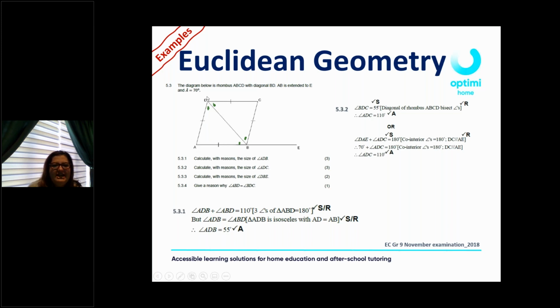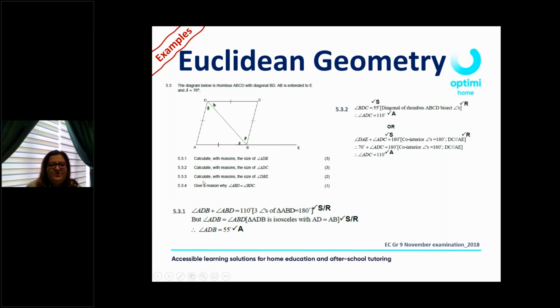So you will say 180 degrees minus the 70 degrees will give you that entire angle over there, which is 110 degrees. Like I've said previously, there is more than one way to get to the answer. The rule is just that you need to give your reasons and motivate your steps to get there.